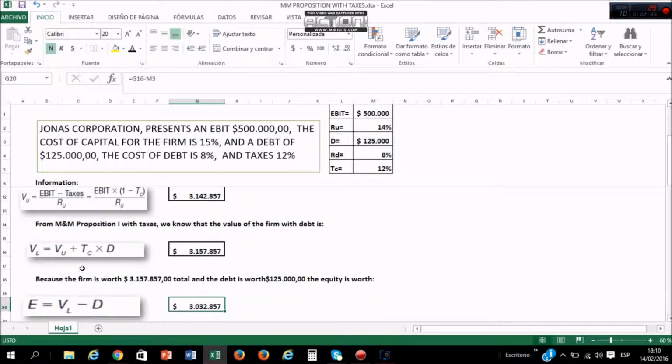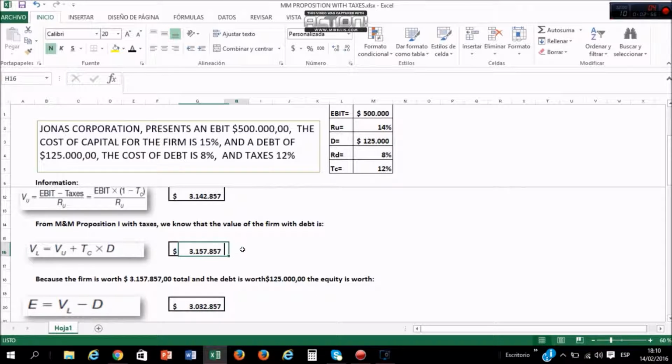Once we have found the value of the company with no debt, the second step is to find the VL, the value of the company with debt. The formula says VL is equal to VU plus TC multiplied by debt.